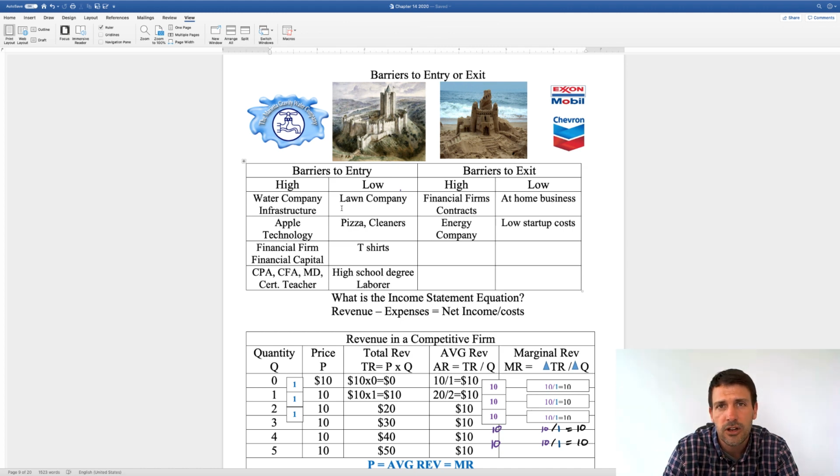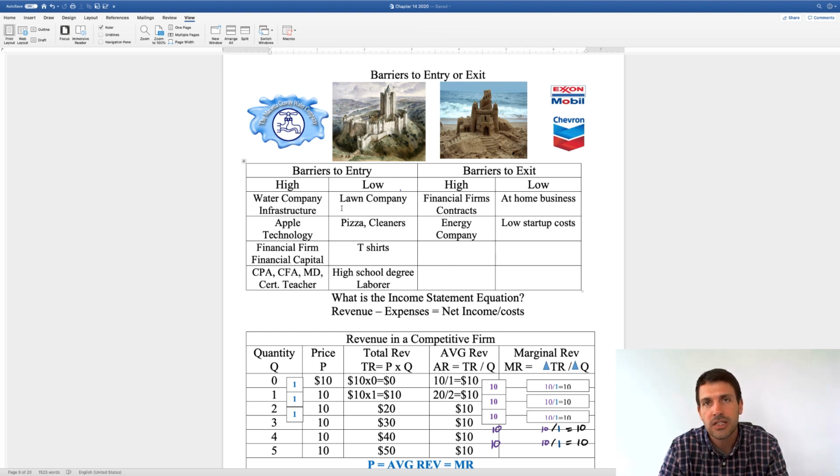Even you could think about your own occupation. A lot of students ask me, what major should I be in? Well, if you're a CPA, a certified public accountant, it's very difficult to get that certification. So obviously it's hard for you to get, but if you get it, it's valuable because other people don't have it. And if you want to be an accountant, you want to have a CPA.